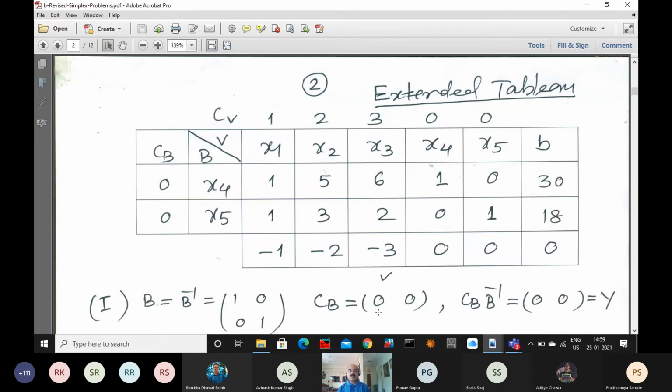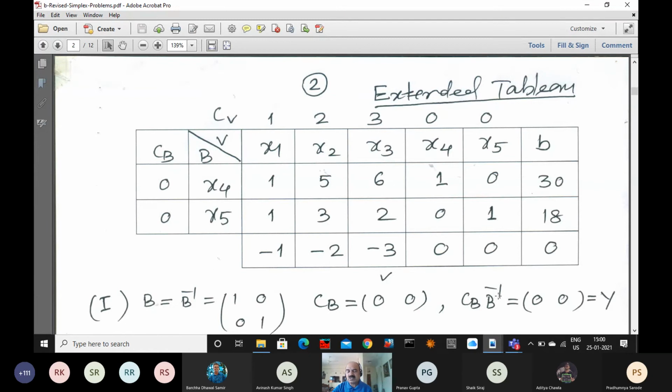What is CB? CB means you are considering either row or column. Let me take it in a column, since it is column. So CB equal to that transpose. CB I can write also as 0 0 0 0. I am writing CB in this form.